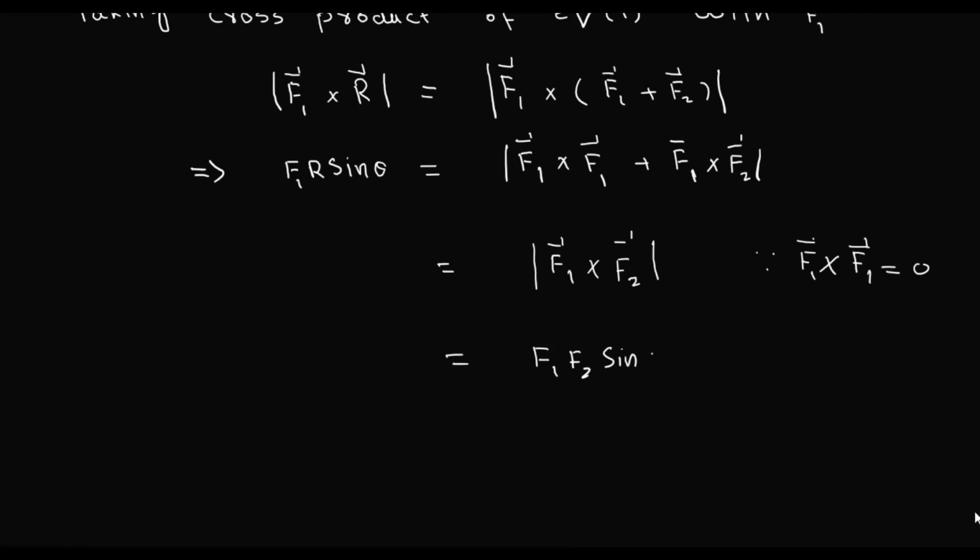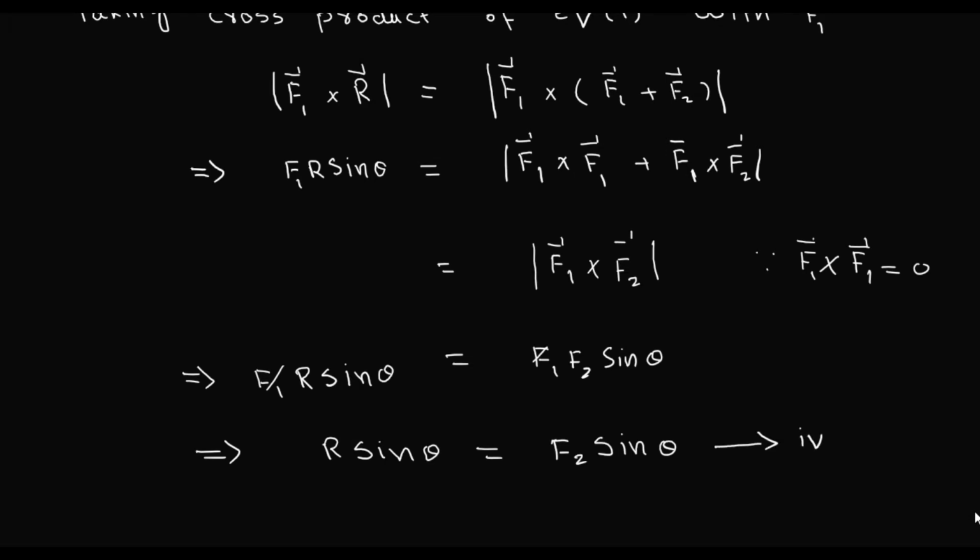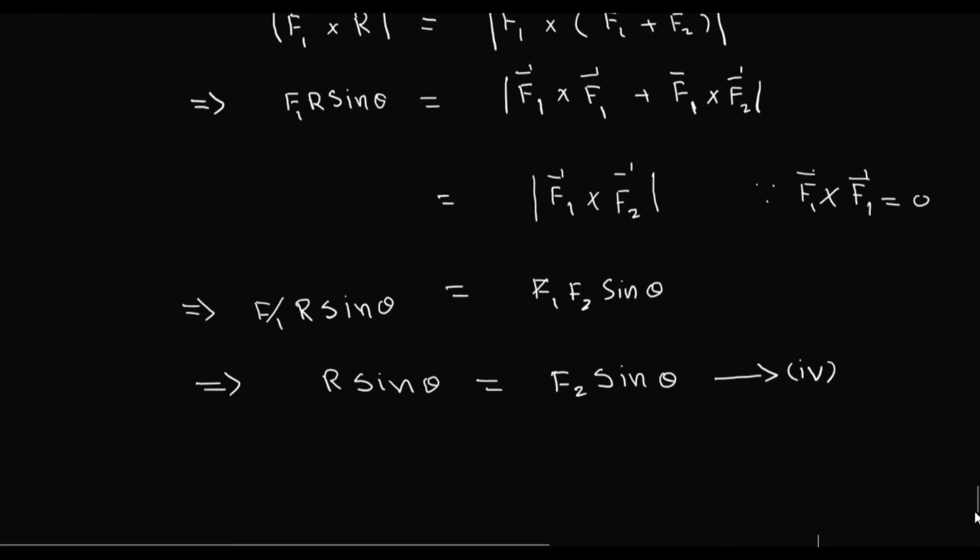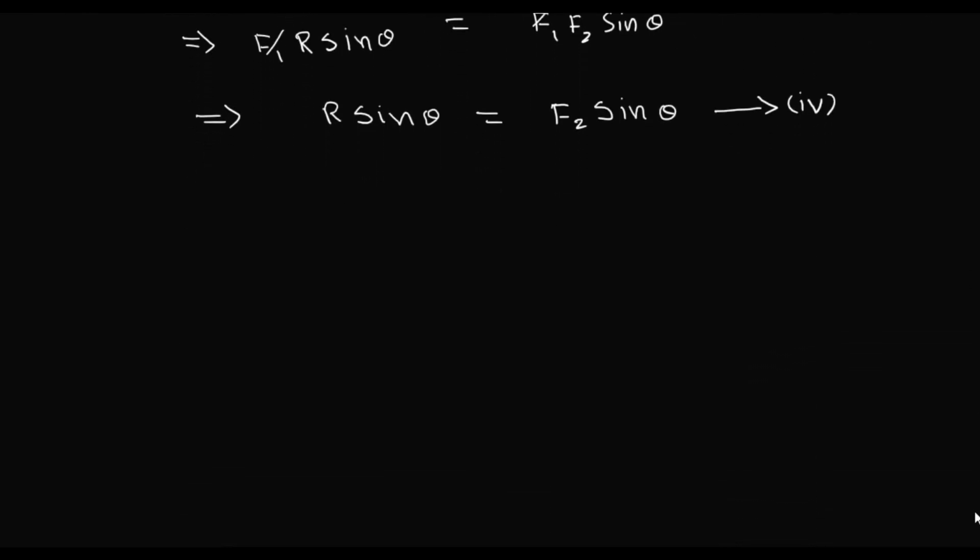So R sine theta is equal to F2 sine alpha, with F1 cancelled out. I am making a voice over here, so it is sine alpha, not theta; otherwise the sine would cancel out.